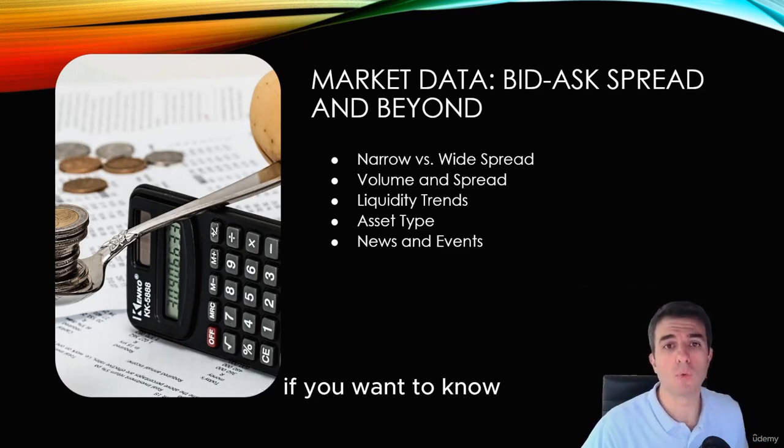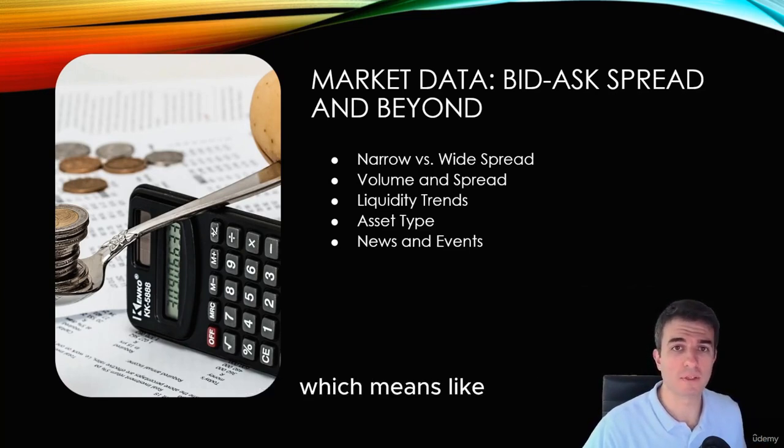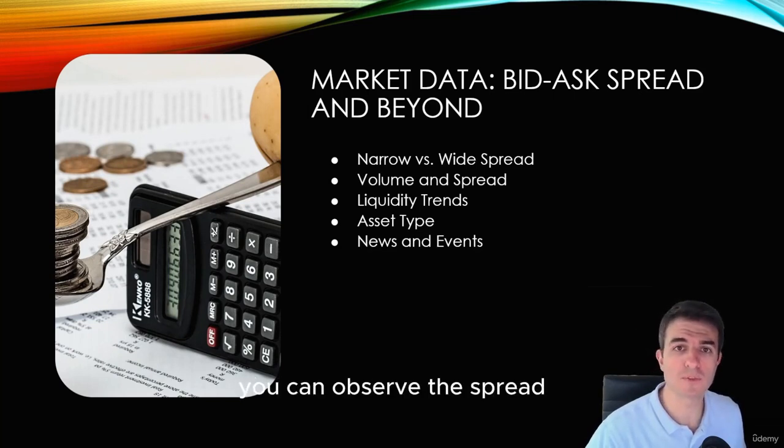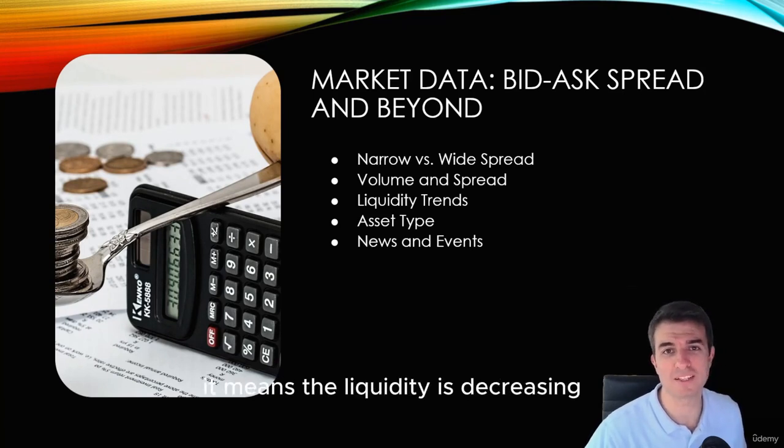If you want to know the liquidity trends, which means how the liquidity is changing, is it increasing, is it decreasing, you can observe the changes in the spread. If the spread is widening, it means the liquidity is decreasing.